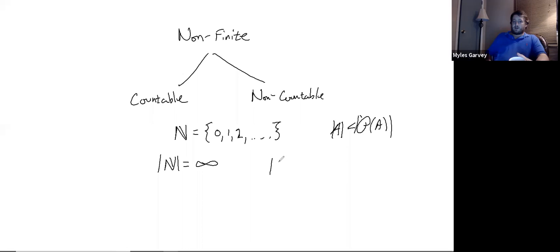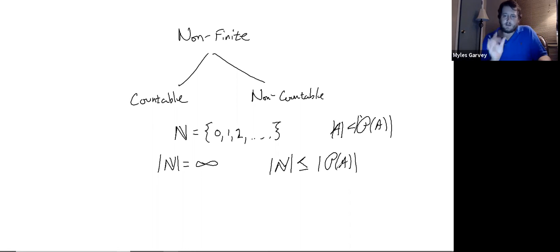That is, if we take the power set of the natural numbers, is the cardinality of the power set bigger than the cardinality of the natural numbers?